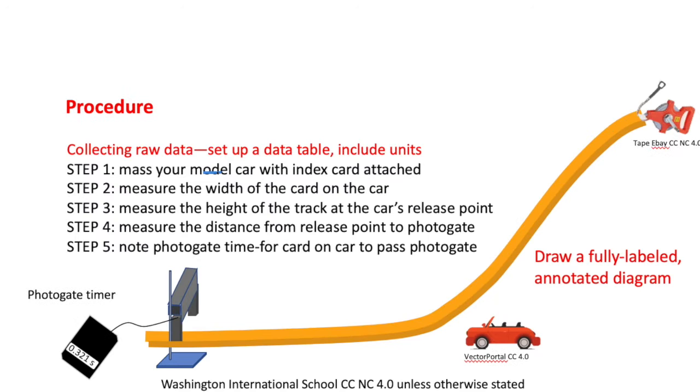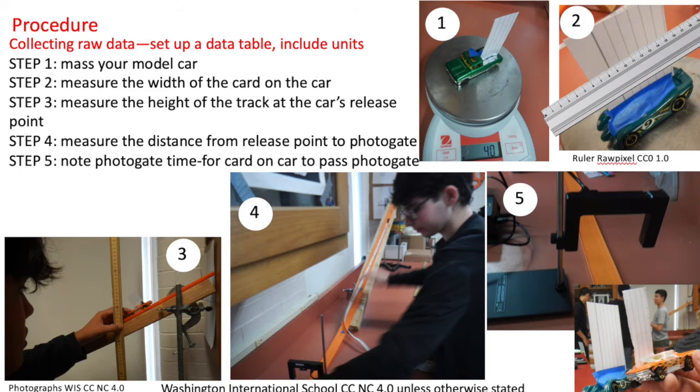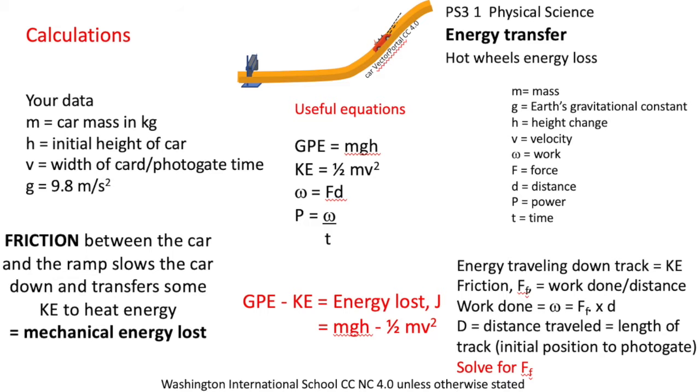And two things more here, and you can pause to do this. You've got this in narrative form written down as a list, and you've got some photographs, so you can pause to look at those for the procedure. Then to the calculations.